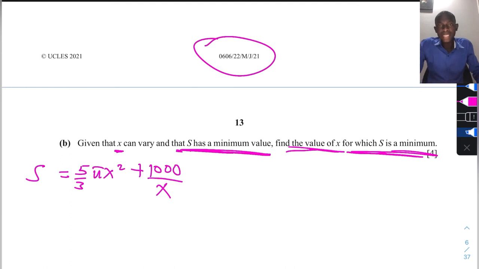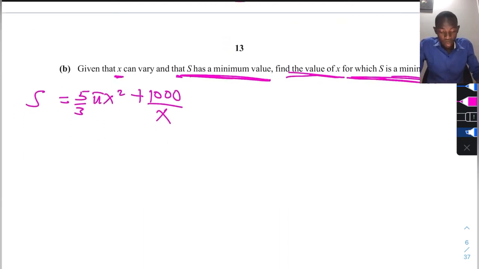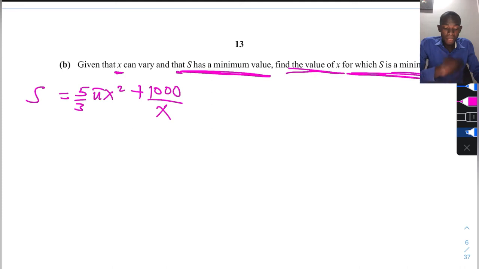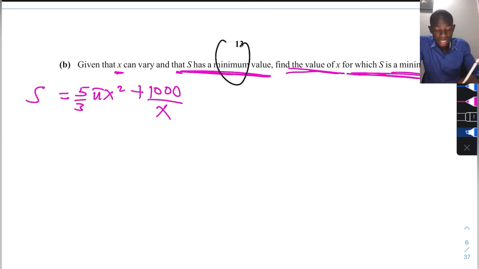They are saying that x can vary, so that means that you can have ds dx, because it can vary. It means that you can differentiate with respect to that. And now they are saying that there's a minimum value.